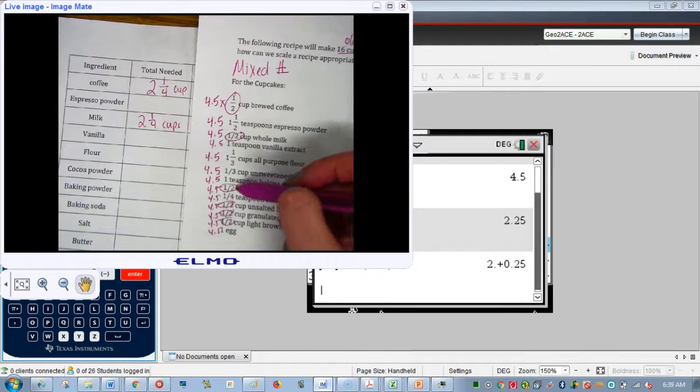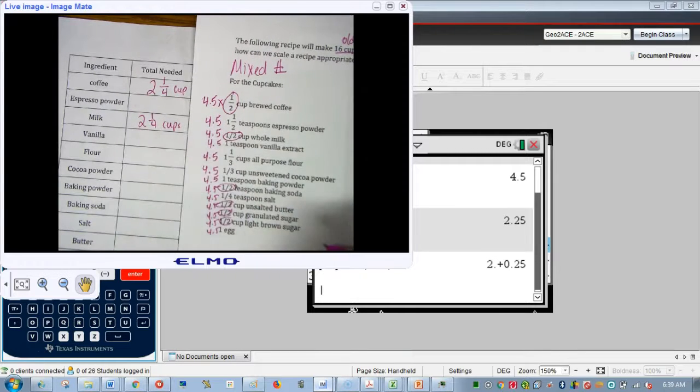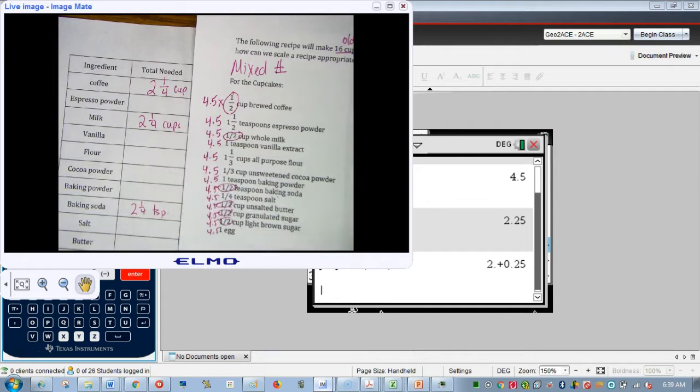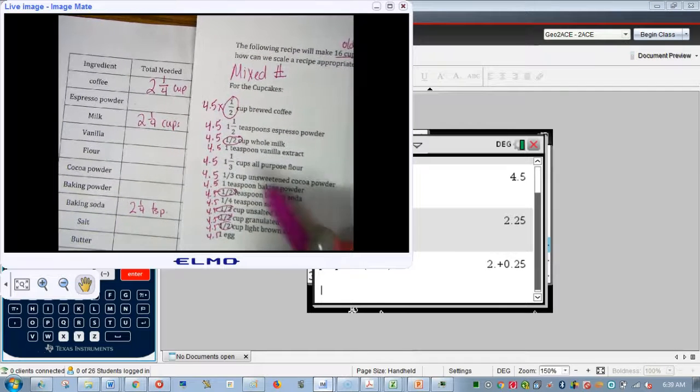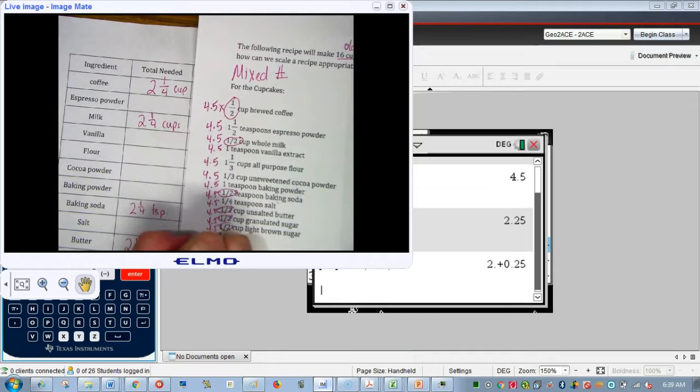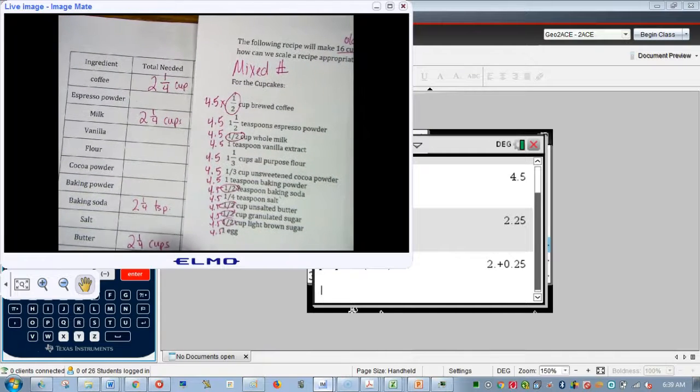My baking soda was 2 1/4 teaspoons. I don't want to put cups of baking soda in anything. Melted butter was 2 1/4 cups. Granulated sugar is 2 1/4 cups. And brown sugar was also 2 1/4 cups.